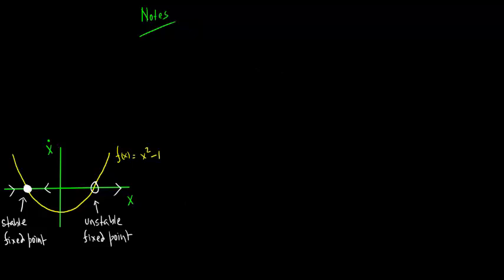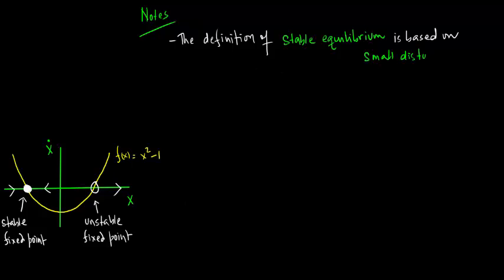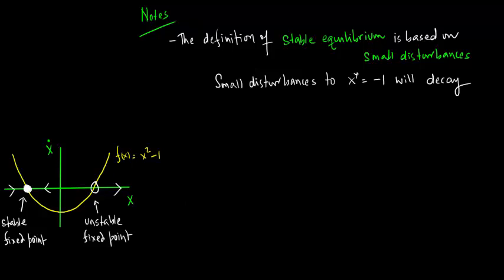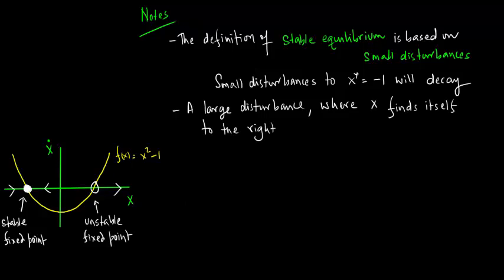Now here are some notes. The definition of stable equilibrium is based on the notion of small disturbances. So small disturbances to x star is equal to minus 1 will decay. A large disturbance where x finds itself to the right of x is equal to 1 will not decay.